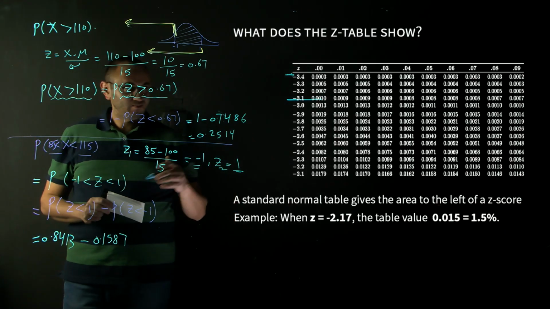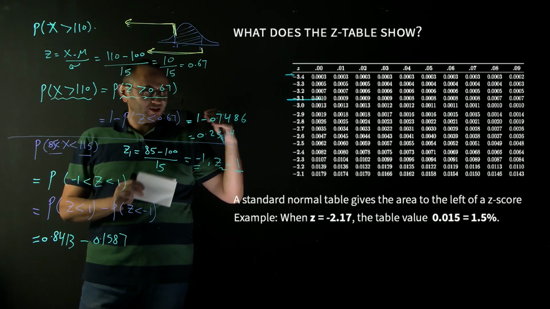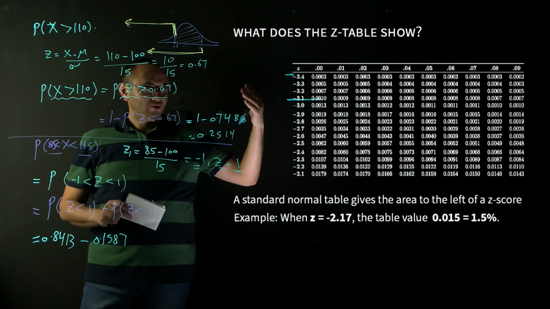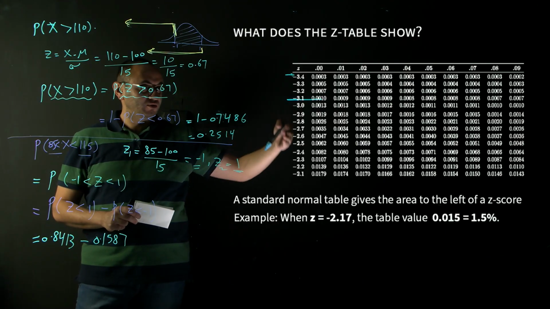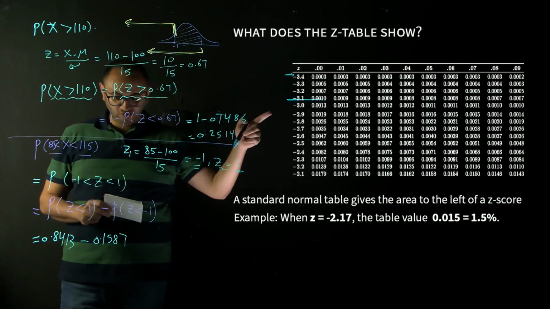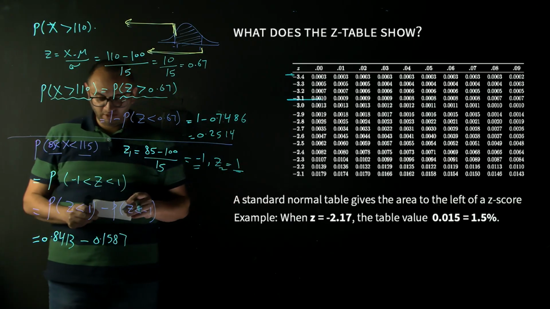All right, so it's not written in this slide because I just cut part of the table. But if you look at the actual z-table, you have to scroll down and look for z equals negative 1 to the left. So the value is not written in this table because this is like a screenshot of it.